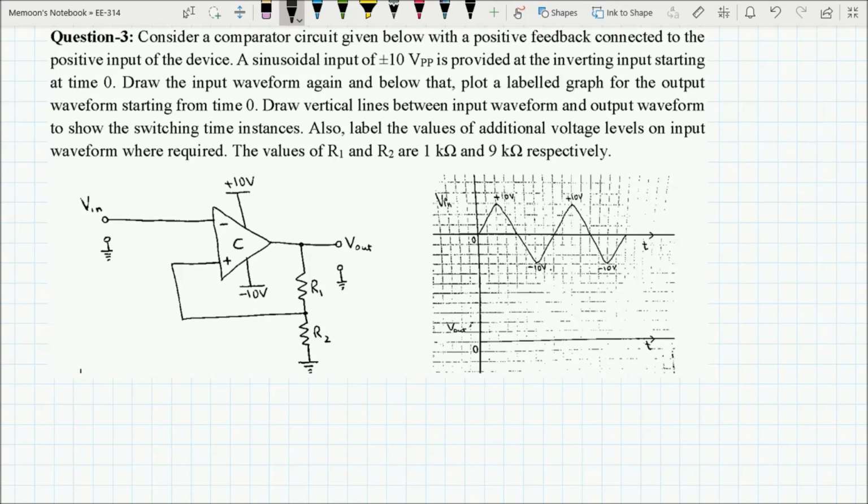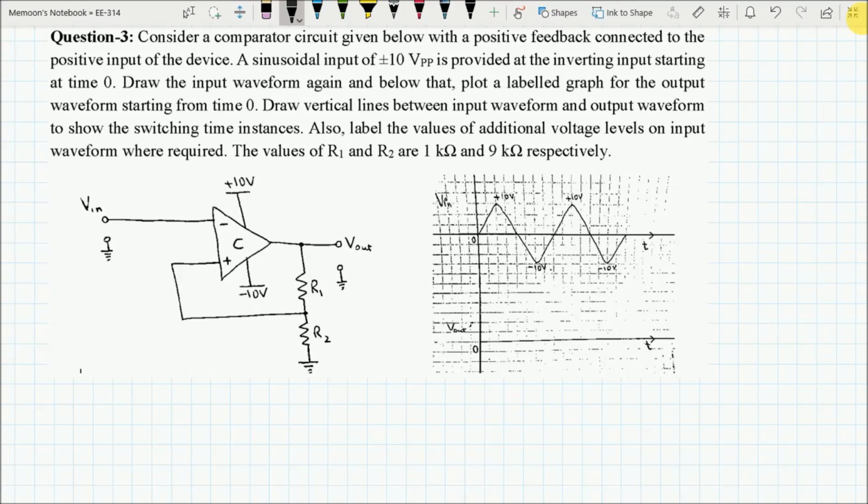Okay, so here is your first design problem. The problem states that consider a comparator circuit given below with a positive feedback connected to the positive input of the device. So this is your circuit and the Vin is connected to the negative input while the positive input is connected with a feedback through a voltage divider R1 and R2.